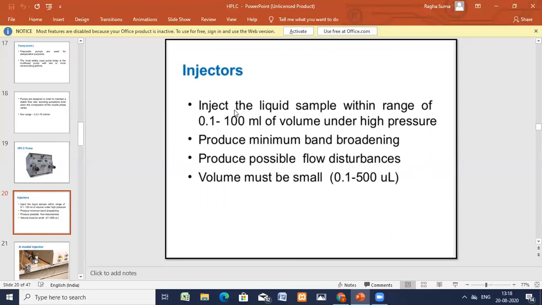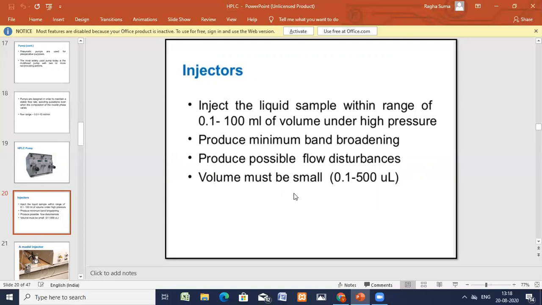It injects the liquid sample in the range of 0.1 to 100 ml of volume at high pressure. It should produce minimum band broadening, and the possible flow disturbances should be avoided, so you have to look into that.